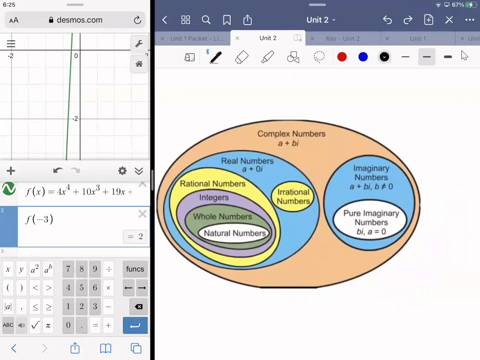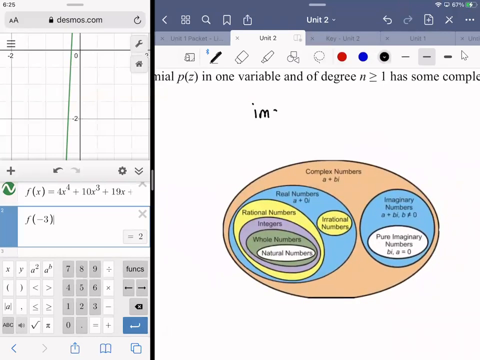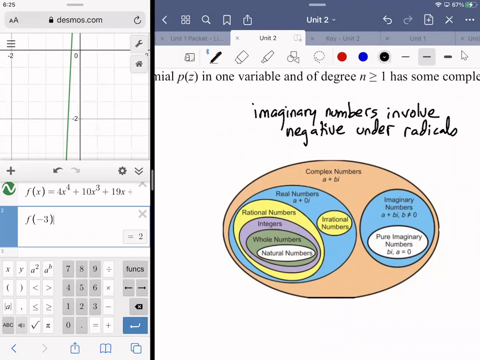Then you have your set of imaginary numbers. The imaginary numbers, if you remember, involve a negative under a radical, but specifically even radicals. So that's square roots, fourth roots, sixth roots, and so on.